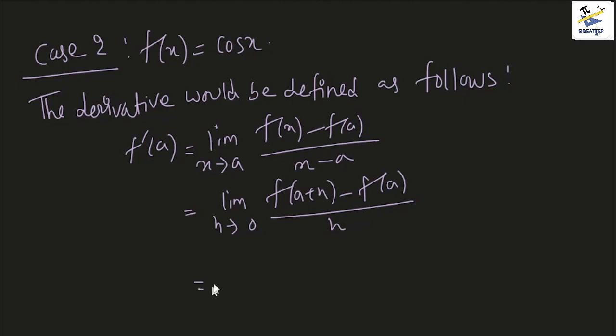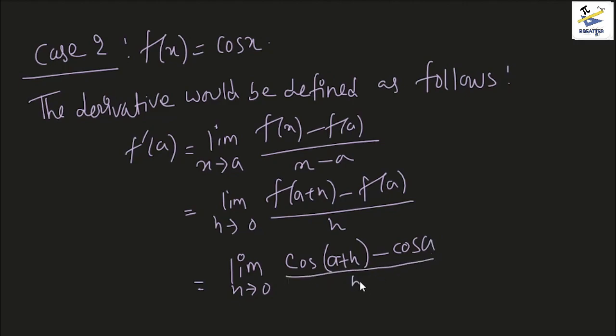Now this would give us limit h tends to 0 of cosine of (a plus h) minus cosine of a, whole divided by h, right?